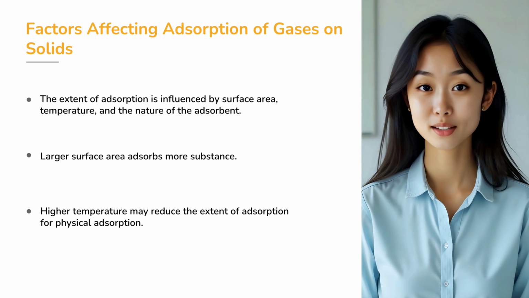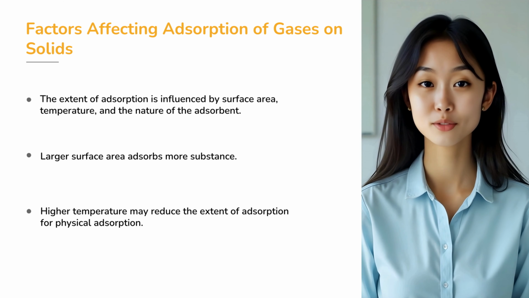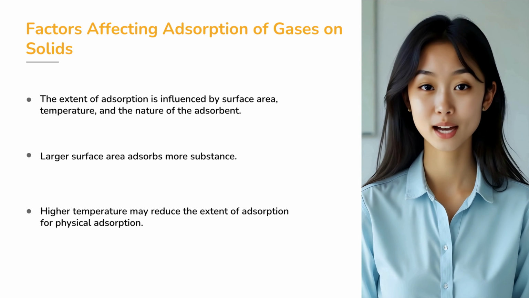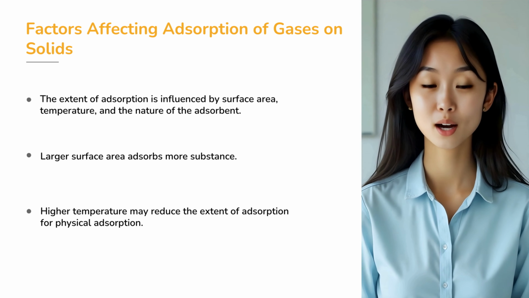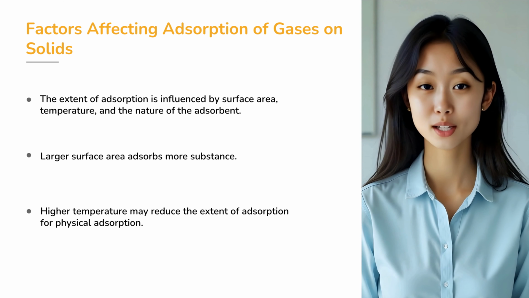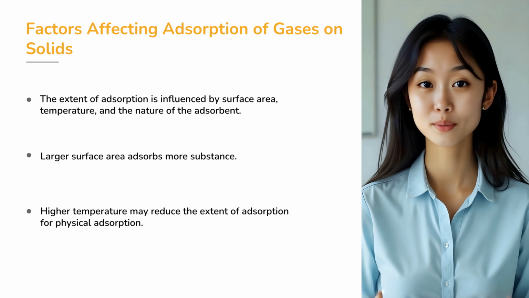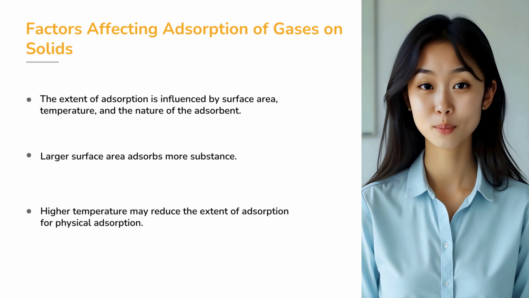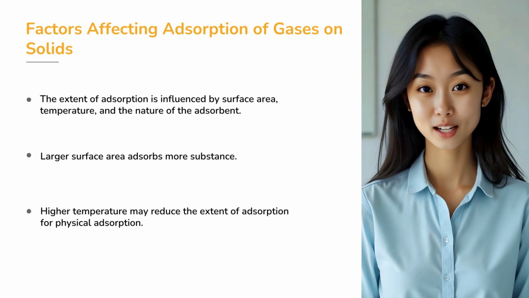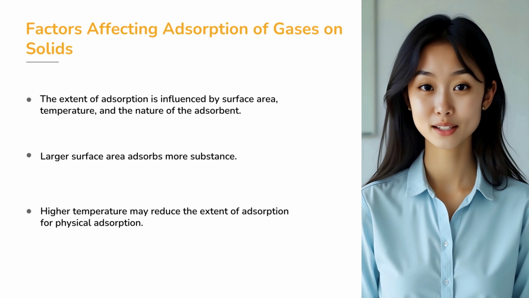So, what affects how much gets adsorbed? There are a few factors to consider. First, the surface area of the adsorbent. The larger the surface area, the more adsorbate can stick to it. Think of it like how a big sponge holds more water than a tiny one. Second, temperature.